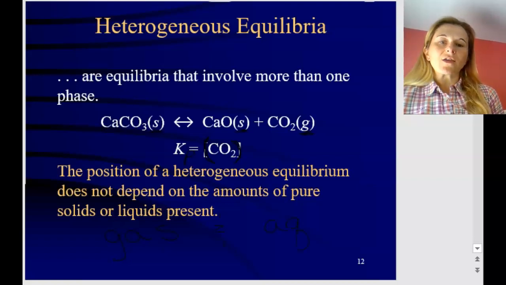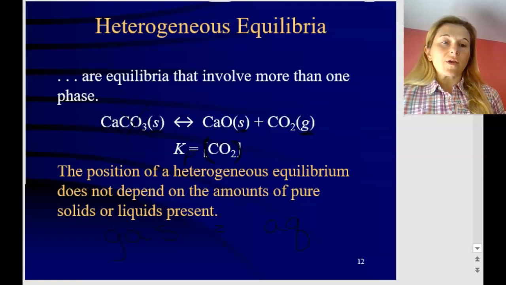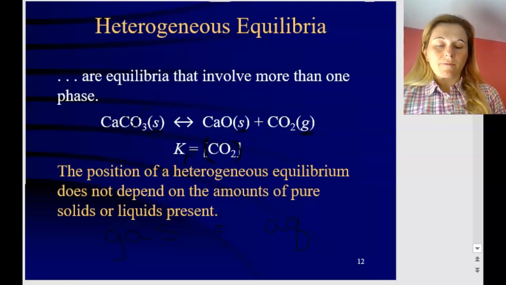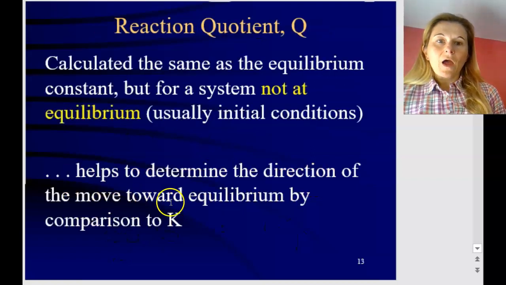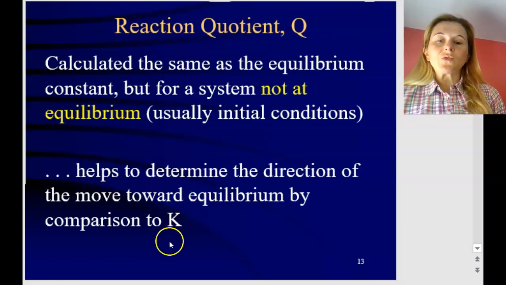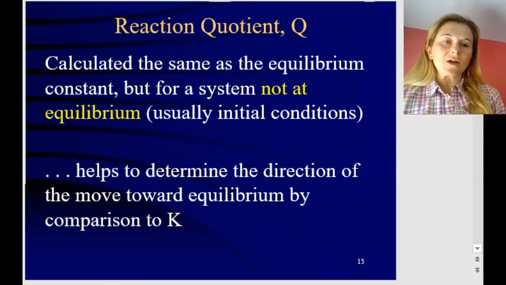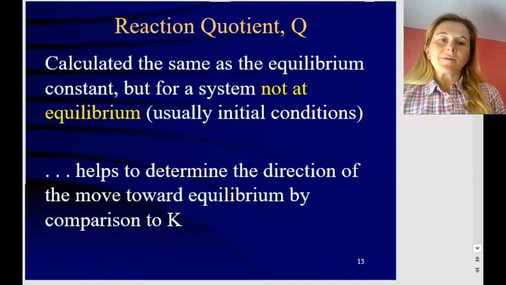We cannot use solids or liquids to figure out our equilibrium constants. All right, Q. We're going to take a pause here and make a new video starting to talk about Q.